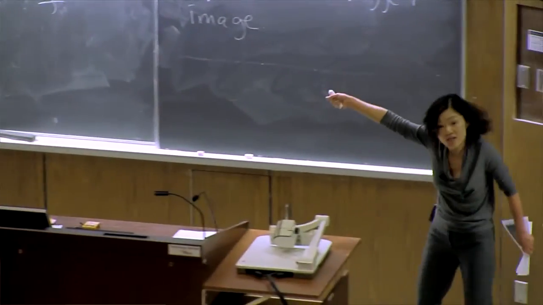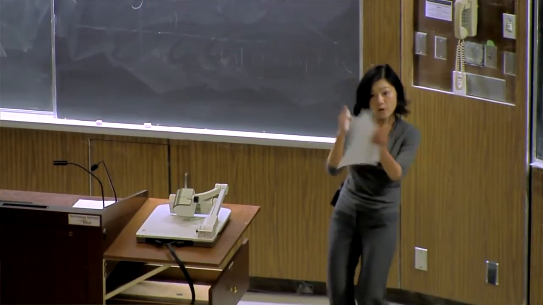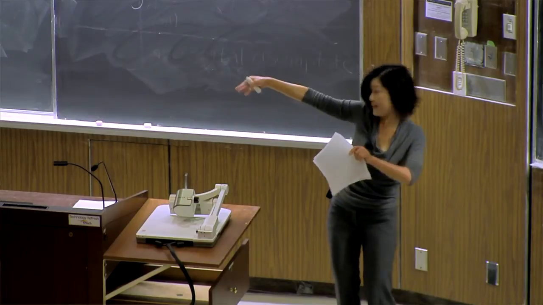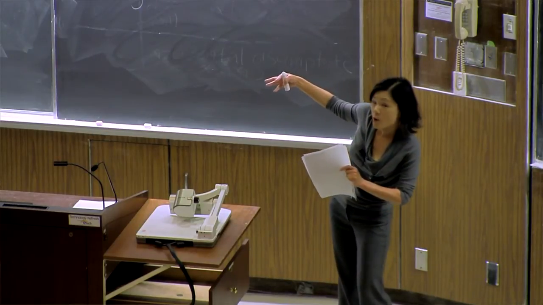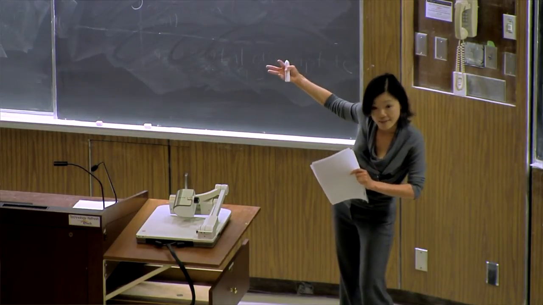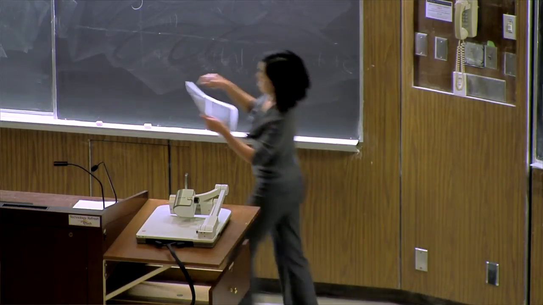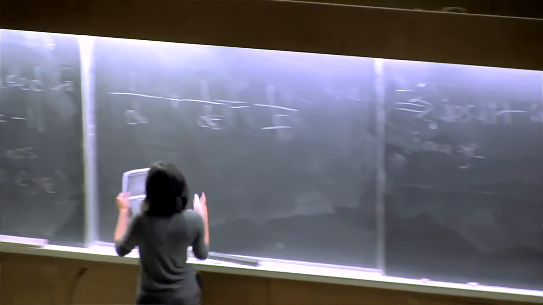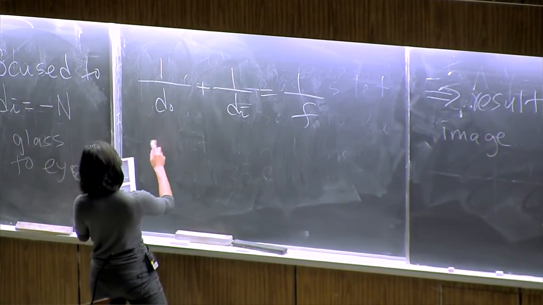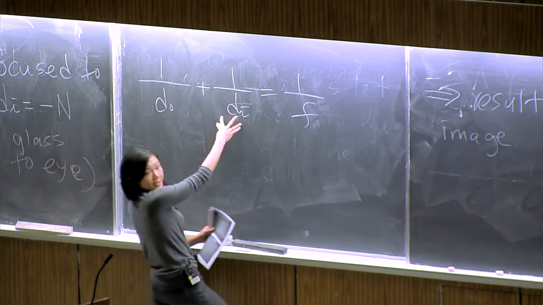And now we know the image is formed. It is a virtual image. It is formed at the near point. So that tells us d sub i is equal to minus n. Everybody agree with this? Yeah. All right. So I'm going to do a trick by moving this term to the right.